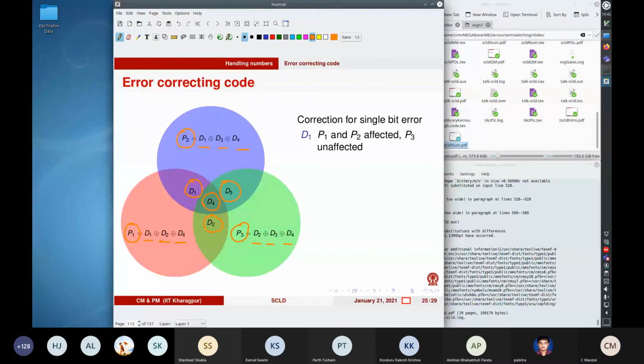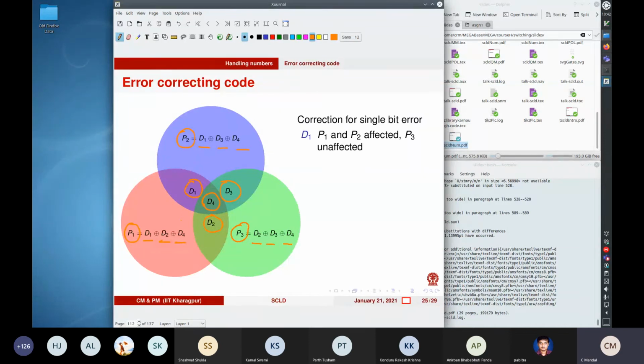So you can have three combinations of four items taken three at a time. These are the three subsets which are taken.